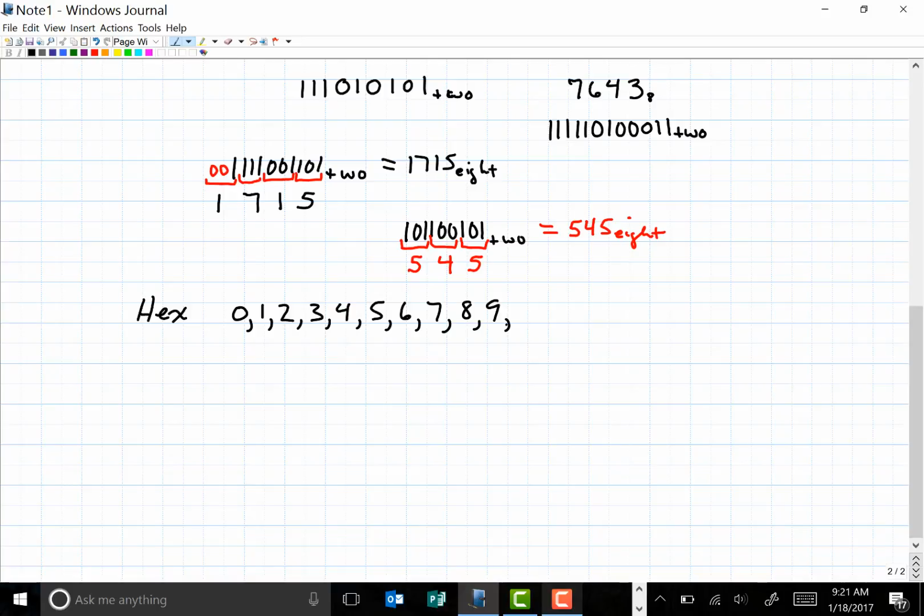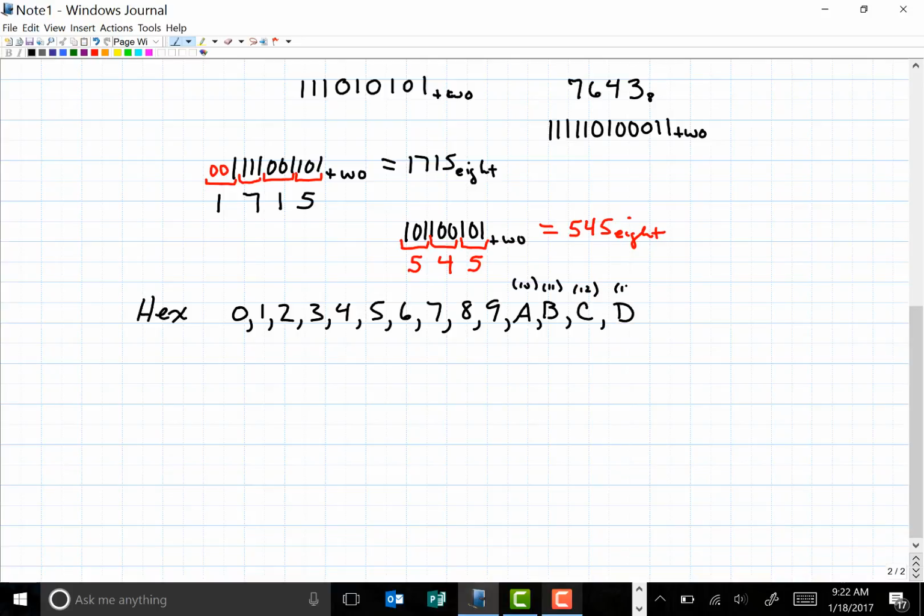So there's only 10 here. So what we do to represent the other digits is we just start using capital letters. So A represents the value 10. B represents the value 11. C represents the value 12.